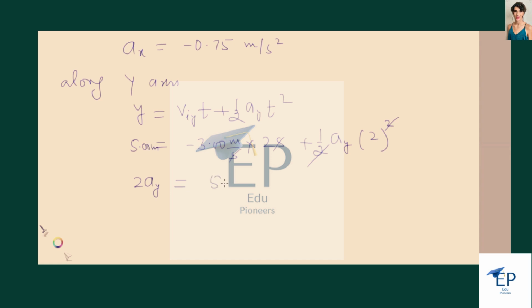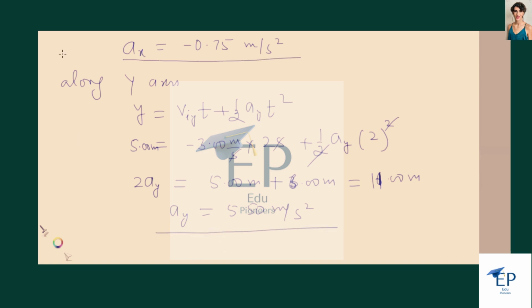So here it becomes 5.00 meter plus 6.00 meter, hence it comes out to be 11.00 meter. So finally, the acceleration along the y-axis is 5.50 meter per second square. So these are the two accelerations along the x-axis and y-axis.